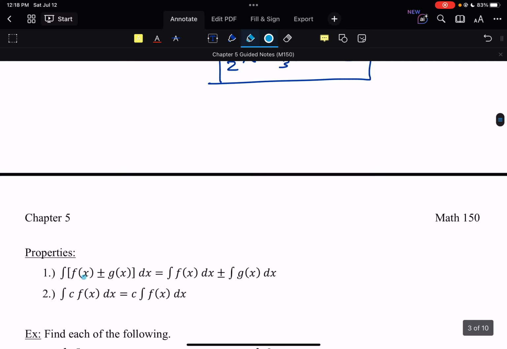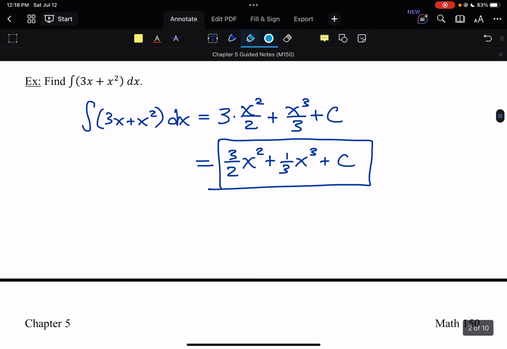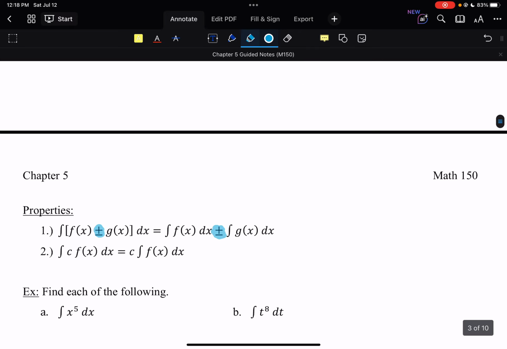So these are the sum and difference properties that say if you take the integral of f plus or minus g, that's the same thing as the integral of f plus or minus the integral of g. So you can split integrals across addition and subtraction. With this one, basically what I did was I took these antiderivatives separately from each other, split these two and then did them individually.